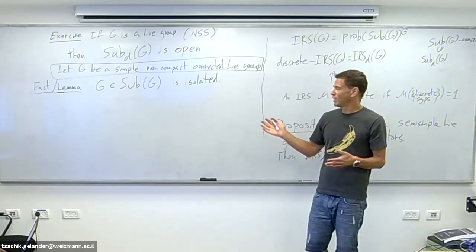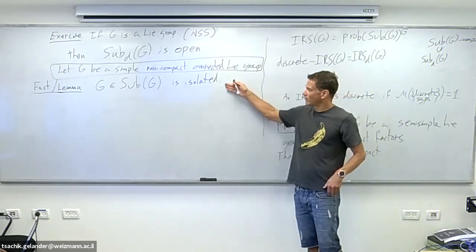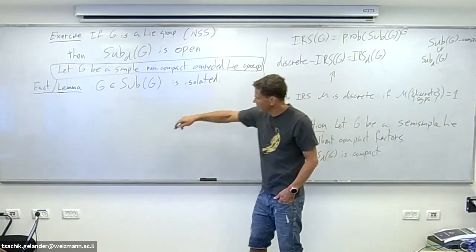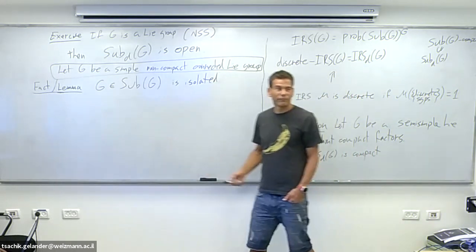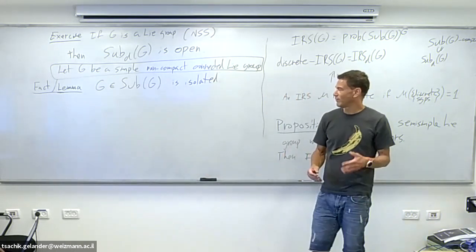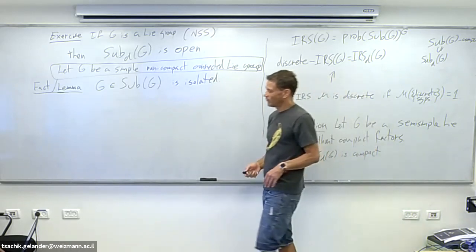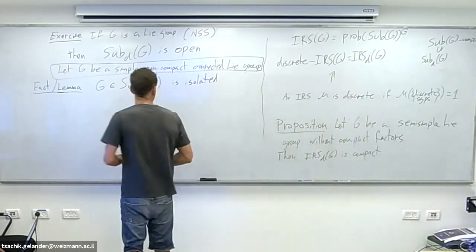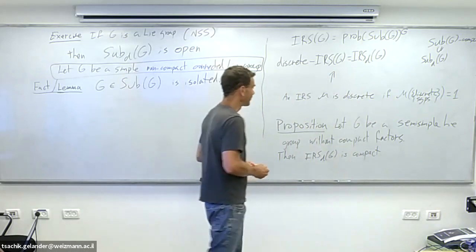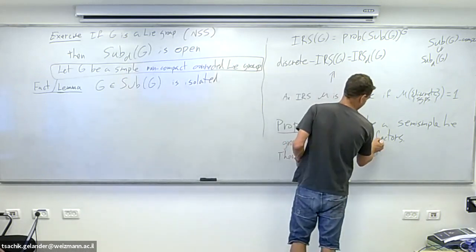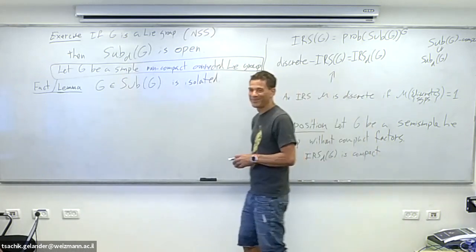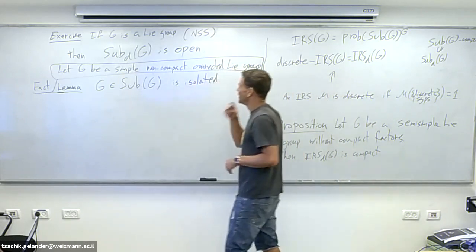Anyhow, this fact is easier than the lemma, but okay, let's just take it as a black box. G is isolated. I don't want to go into the details. That's here. Next year, everything I promise to do is in the next course about random groups.